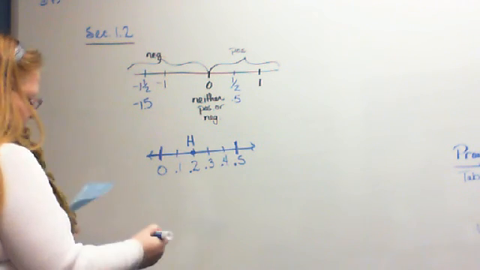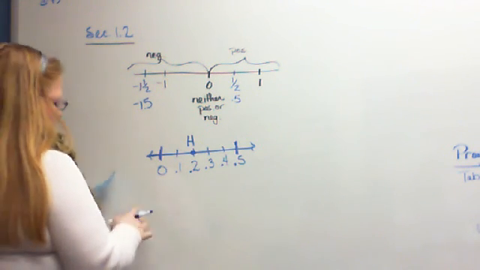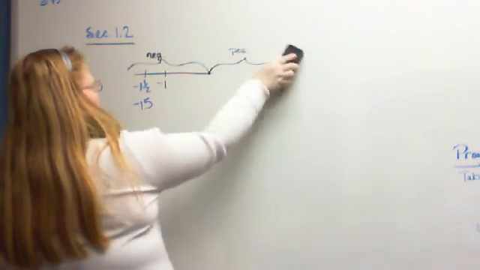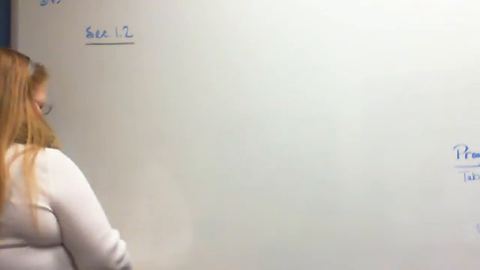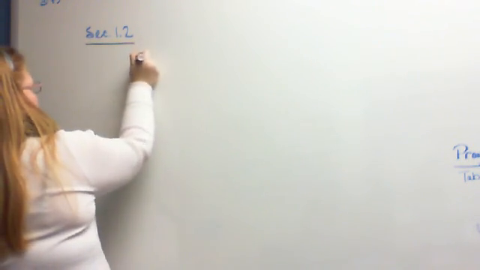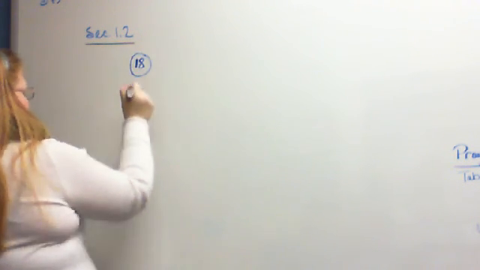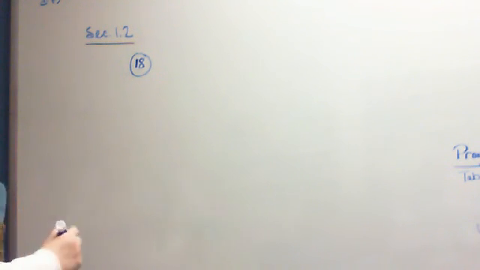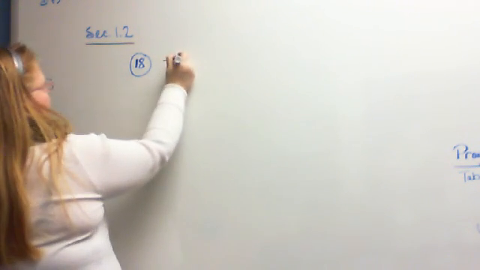Problem number 18. They want us to show that this number is a rational number, and they give you the number -5.